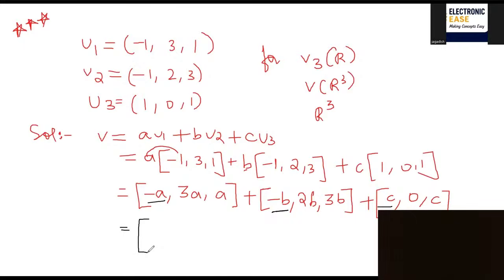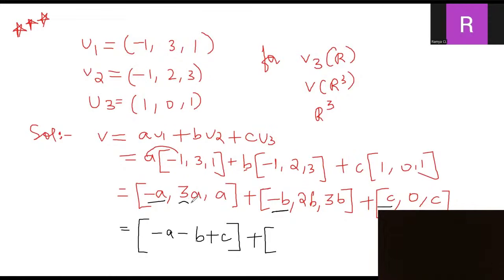It will become -A minus B plus C. Next, what happens? Plus 3A plus 2B.